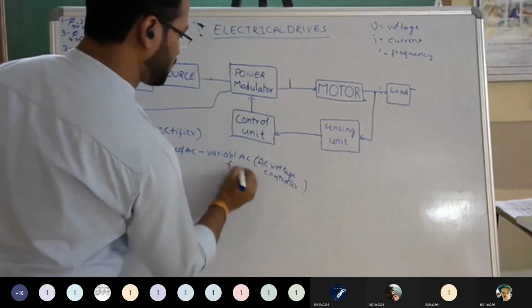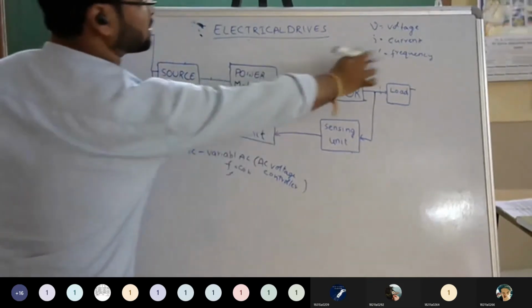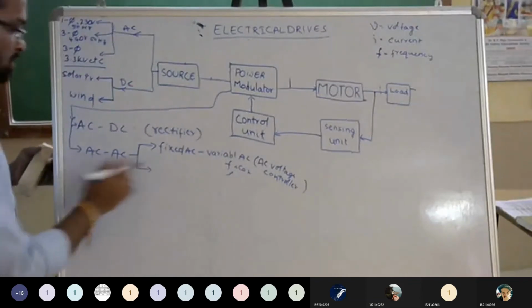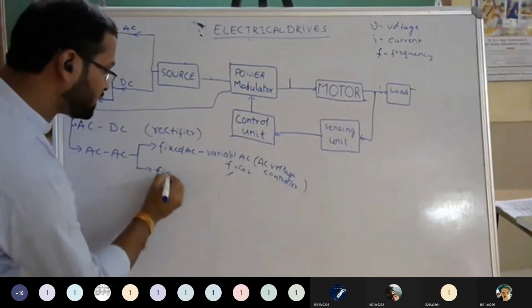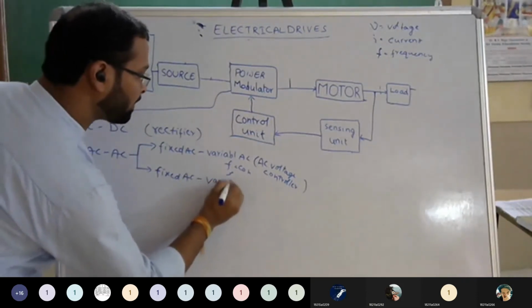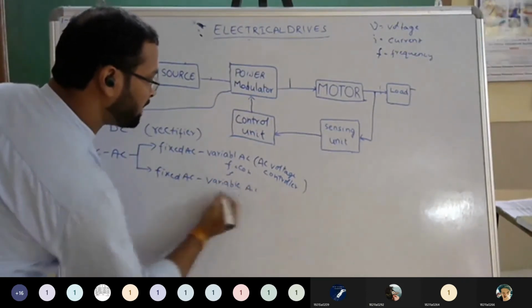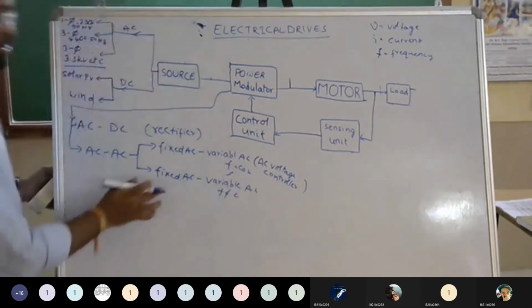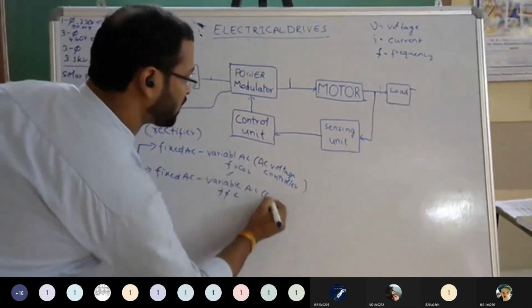In this one, frequency is constant. F means frequency, so don't confuse it. And another one is from fixed AC to variable AC, but F is changing, F is not constant. These we will call cycloconverters.